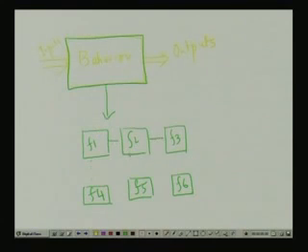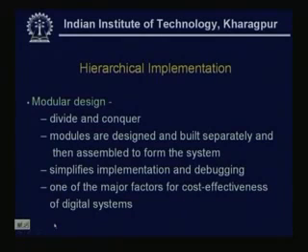There must be some interconnection between these blocks. Each of these smaller blocks we are calling a module. So, mainly this is divide and conquer: the large system is divided and then the smaller modules are designed first.